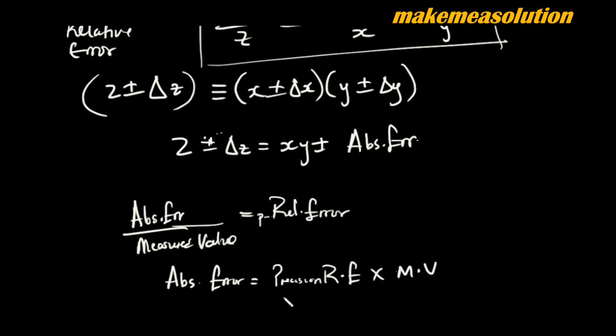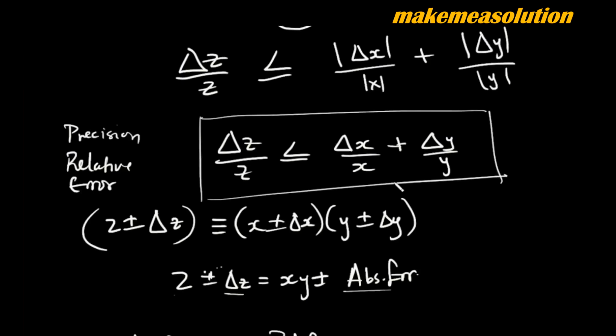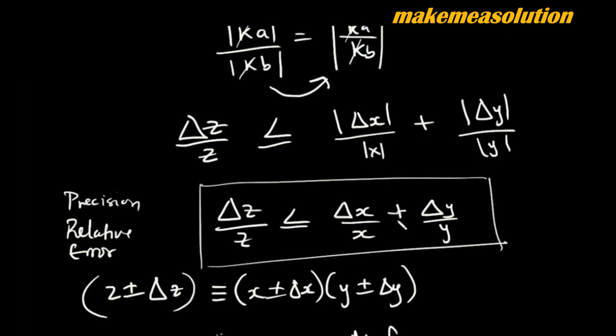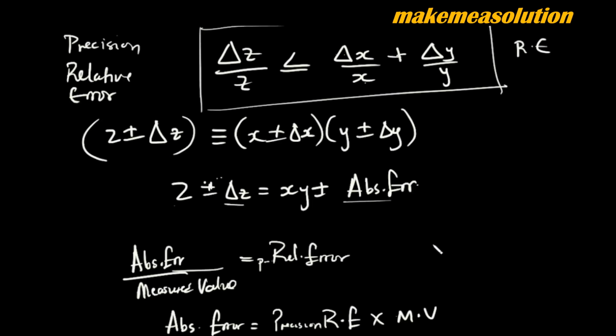So this is what is going to give me the absolute value that I'm going to put here eventually, and I'm now going to use this to solve for z, because they want me to find z and delta z. So delta z is your absolute error, and remember, you can get your absolute error from your relative error. We've already gotten the expression for your precision relative error here, just divide the absolute value of x by the size of x and the absolute value of y by the size of y.